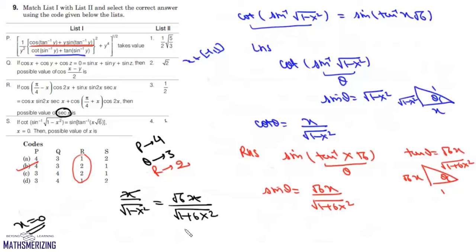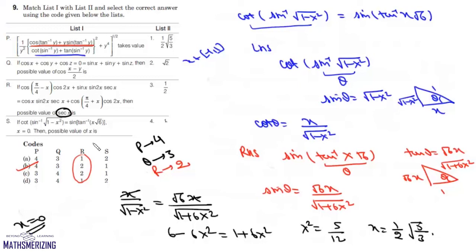And then if we square it, we'll get 6 − 6x² = 1 + 6x². So x² will be simply 5 by 12, or the value of x is 1 by 2 under root 5 by 3. So one of the possible values of x is 1 by 2 under root 5 by 3, which is this option 1. So this S matches with 1. So P4, Q3, R2 and S1, and that's your option B.